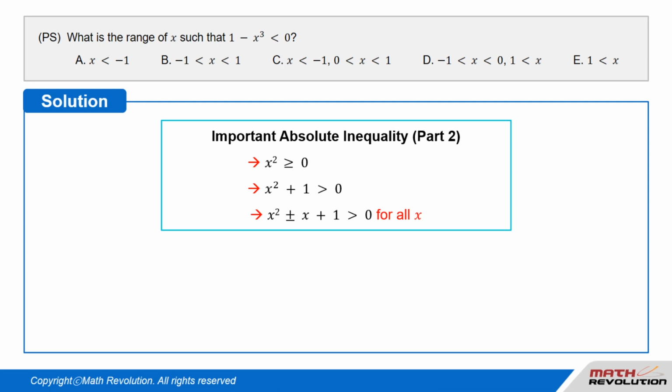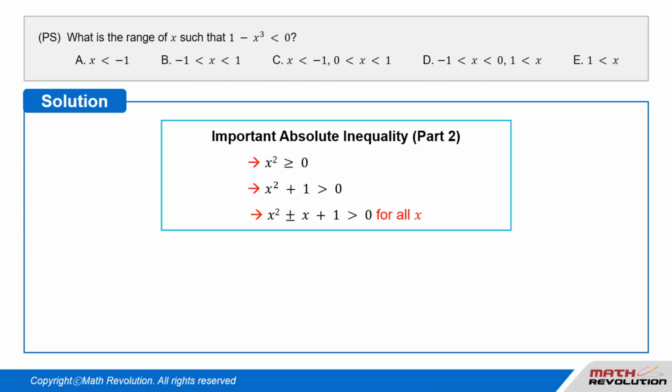x squared plus or minus x plus 1 is greater than 0 will always hold for all x, because x squared plus or minus x plus 1 equals x squared plus or minus x plus 1/4 plus 3/4 equals (x plus or minus 1/2) whole squared plus 3/4, which is greater than 0 for all x.